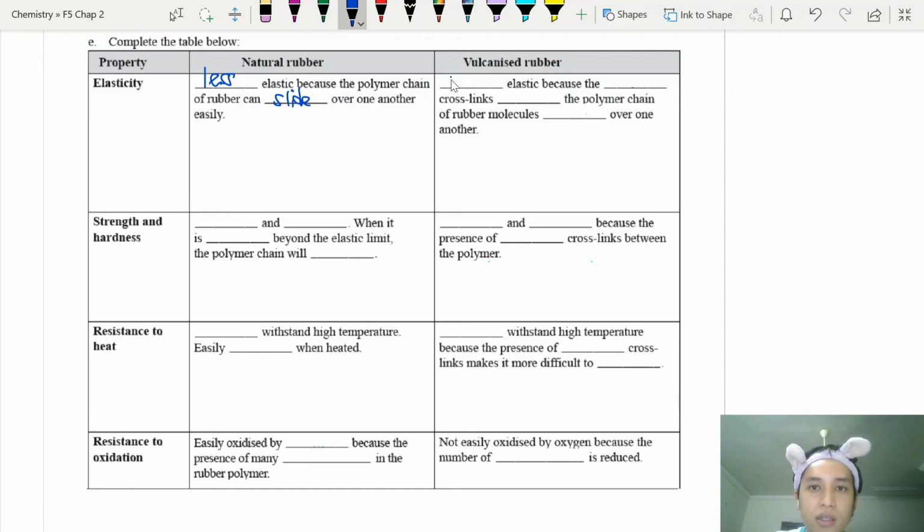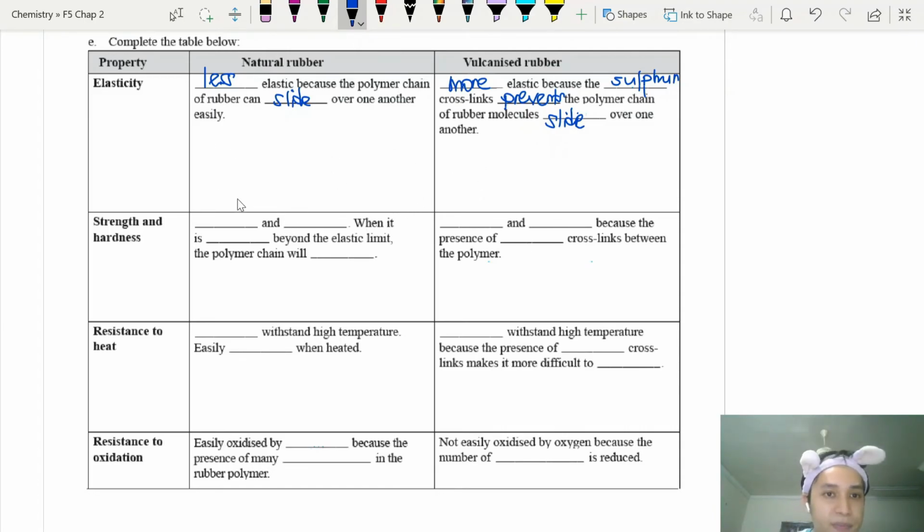Vulcanized rubber is more elastic because of the sulfur cross-links. We always use this term, sulfur cross-links. They prevent the molecules from sliding over. So that is the elasticity comparison.